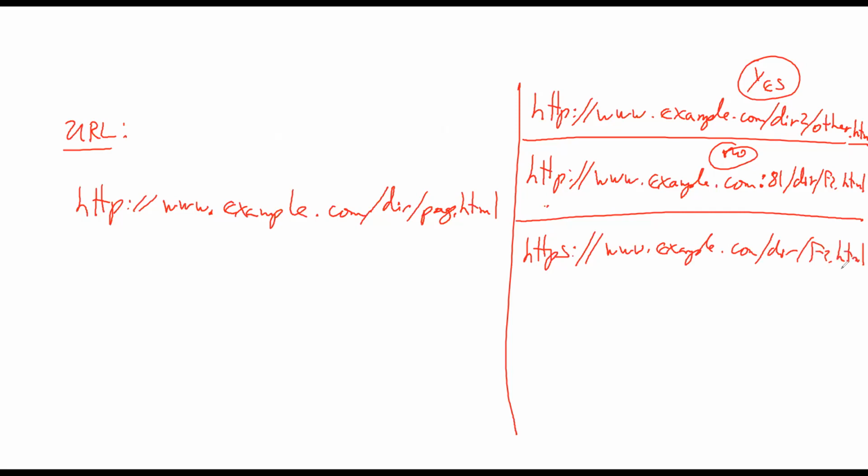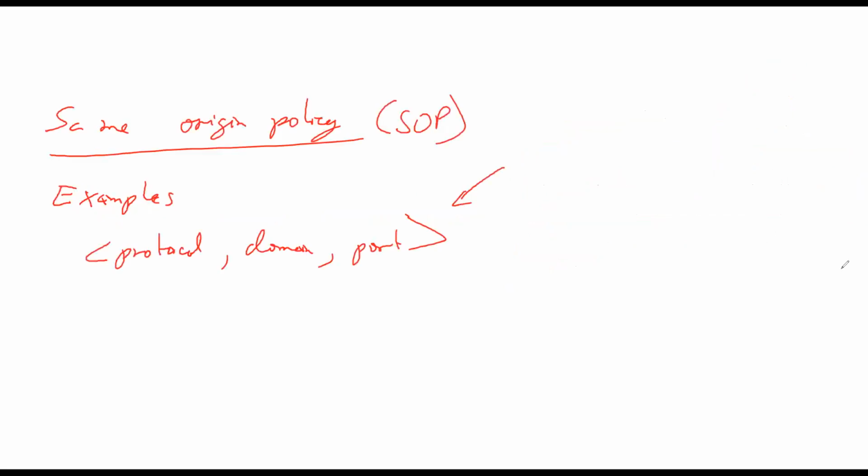What about this one? Same or different? Different. Why? It's HTTPS, not HTTP. Right, so a different protocol, exactly. So that's it. I mean, that's the mechanism as you're seeing it. SOP, same origin policy, looks at these things to determine, okay, should I allow it or not?